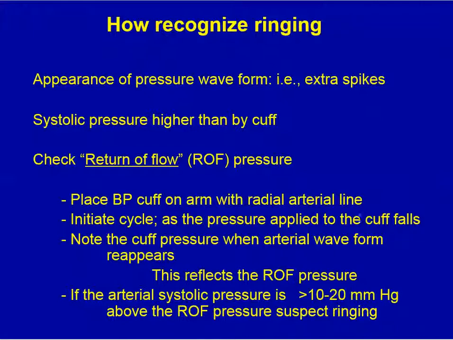As the pressure is applied to the cuff above the systolic pressure, the wave will disappear. As the pressure in the cuff gradually declines automatically, you should note when the arterial waveform starts to reappear. This reflects the return of flow pressure.